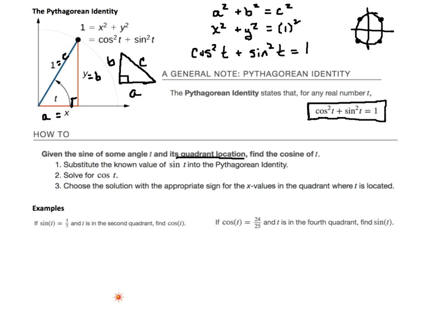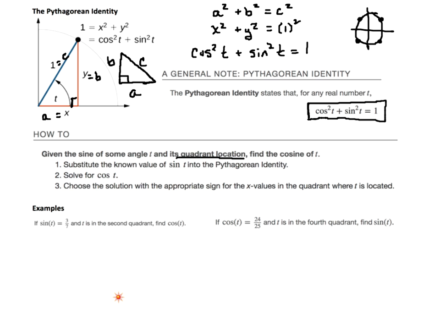If it's the sine you know, you're going to substitute in the sine and solve for the cosine. If it's the cosine you know, you substitute in for cosine and solve for sine. And then once you're done solving, you go back and look and say, okay, it was in this quadrant, so it's got to be this particular sign, positive or negative.